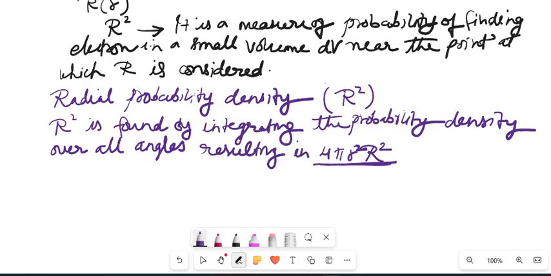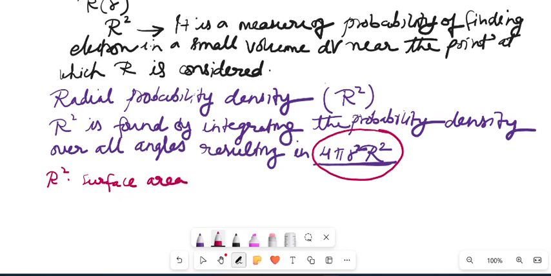So this is how it is calculated. To calculate it, we multiply the radial probability density, R square, by the surface area of a spherical shell.